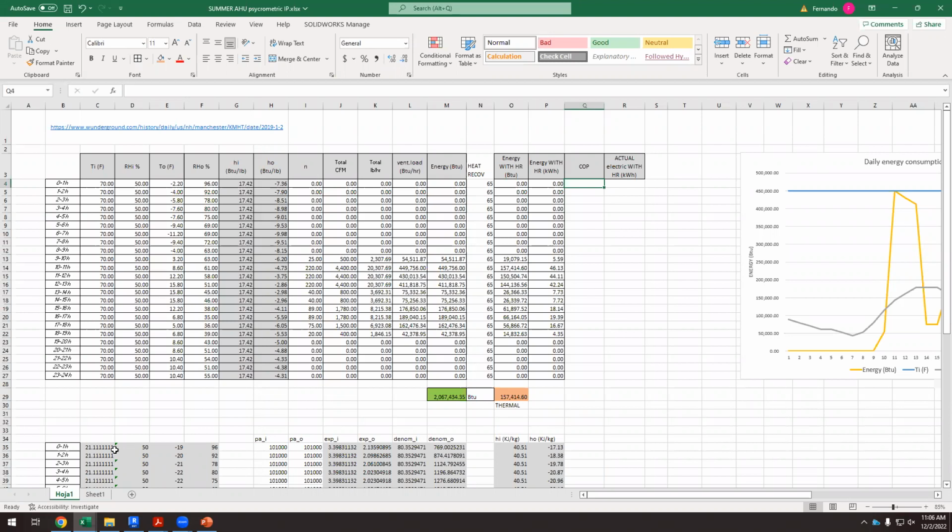So if I have the thermal and I have the COP, the electric power in kilowatts or kilowatt hours is the thermal in kilowatt hours divided by the coefficient of performance. Okay, so that's very, very interesting.